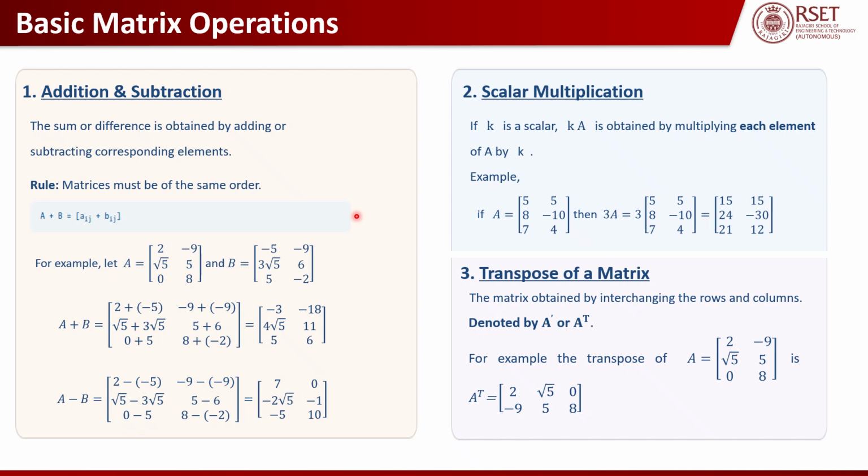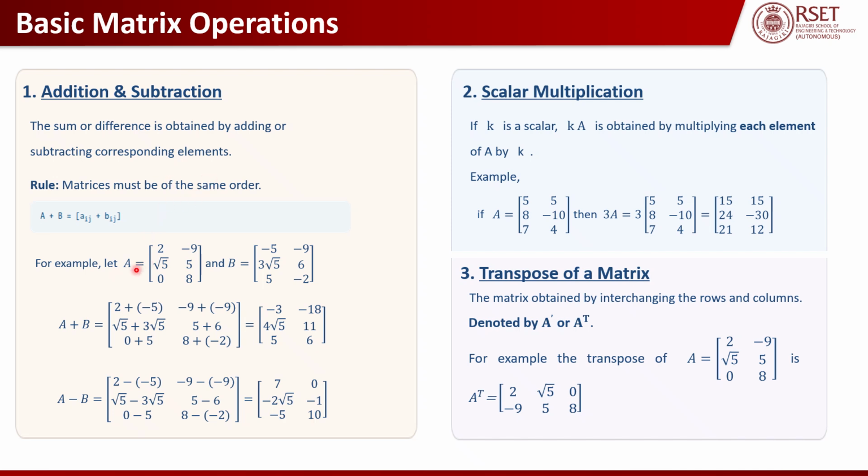How can we add two matrices? How do we do addition and subtraction? Here we do it element-wise. The sum or difference is obtained by adding or subtracting corresponding elements.